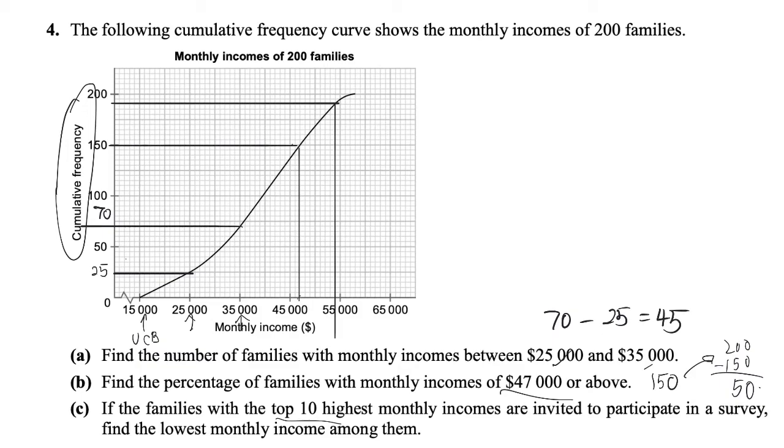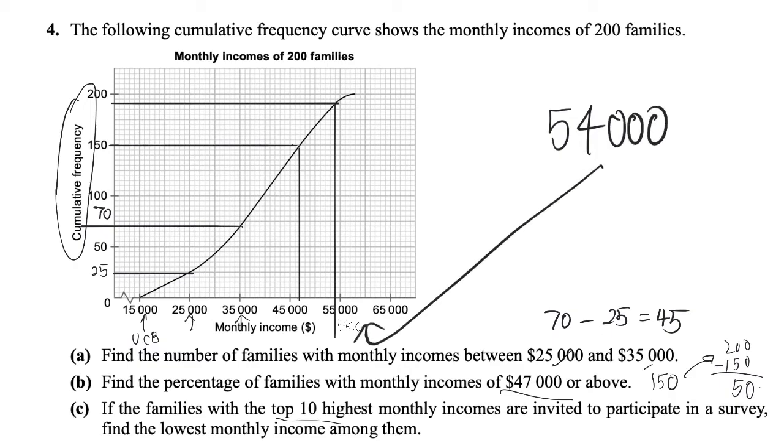And if it's about 54,000, that is why actually the lowest monthly income among them will be 54,000. Okay, this value.